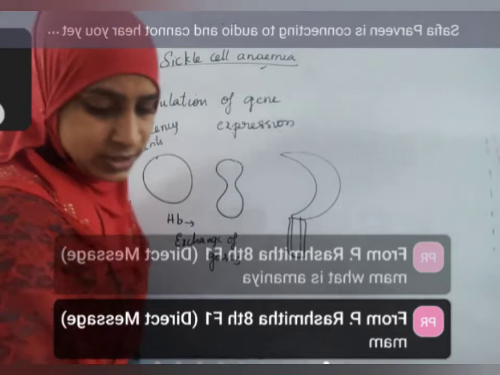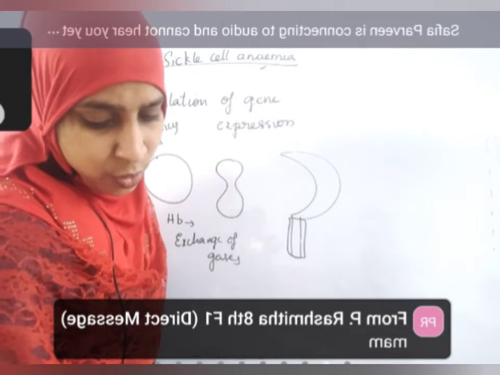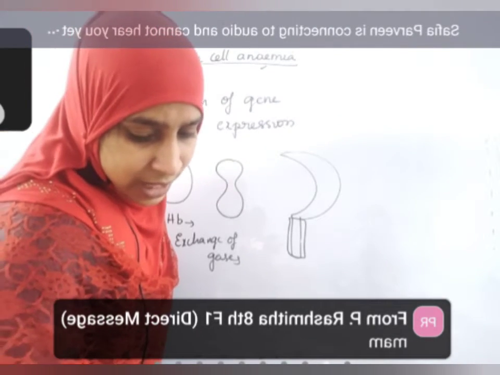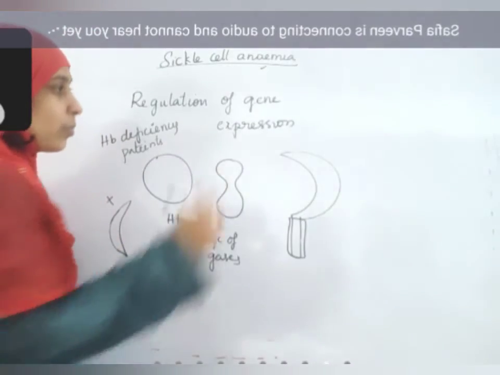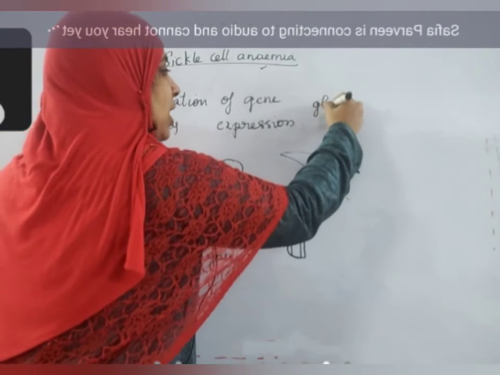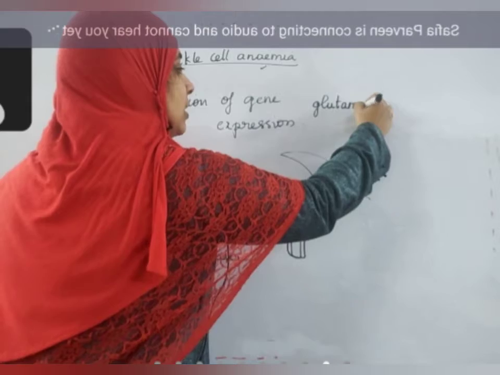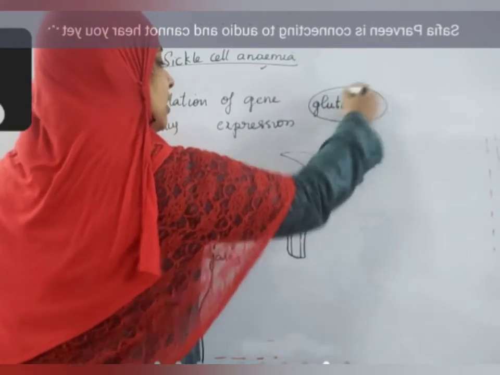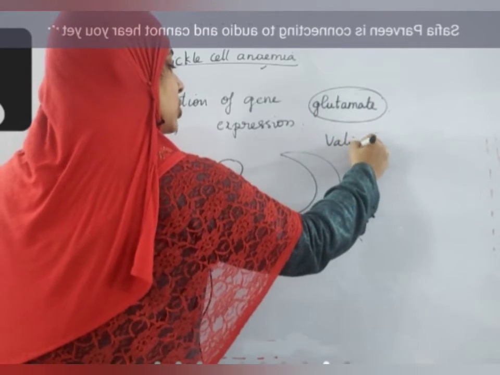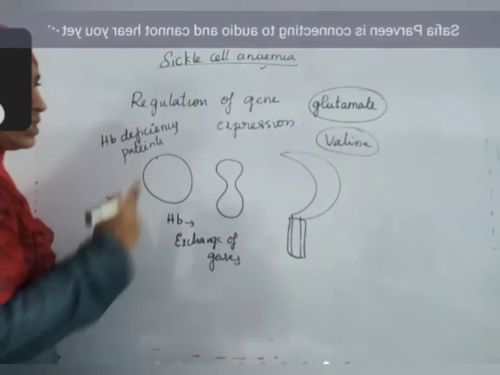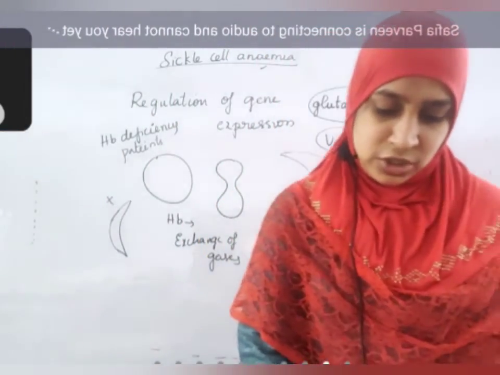The problem with sickle cell anemia is that only one amino acid changes. Instead of the amino acid glutamate, valine is formed in its place. This is one amino acid, this is one amino acid; the total sequence will not change.